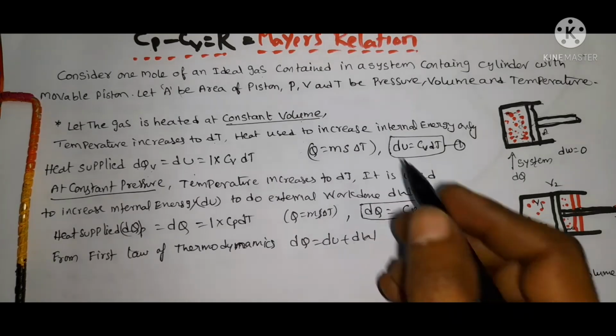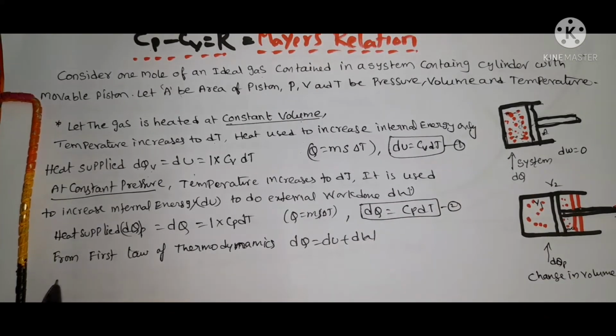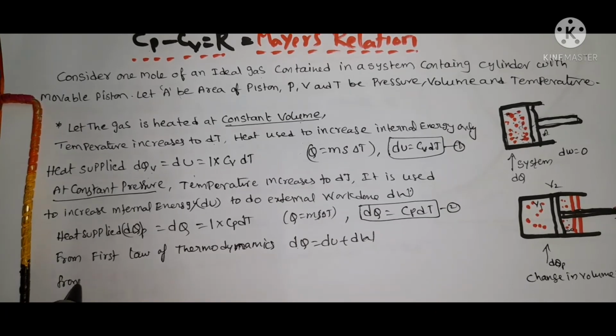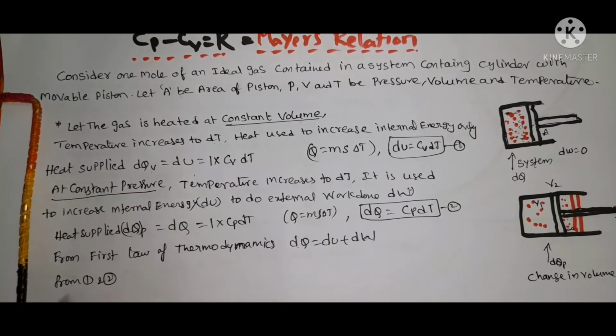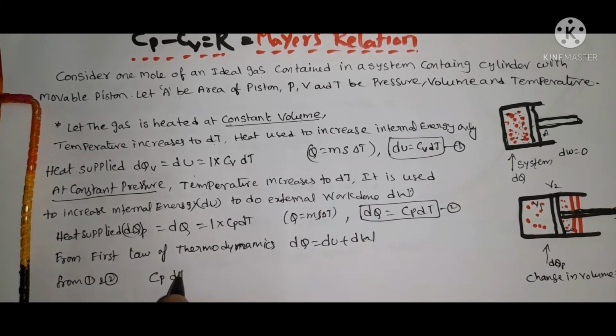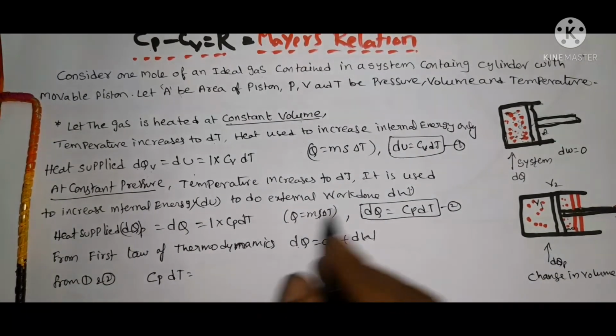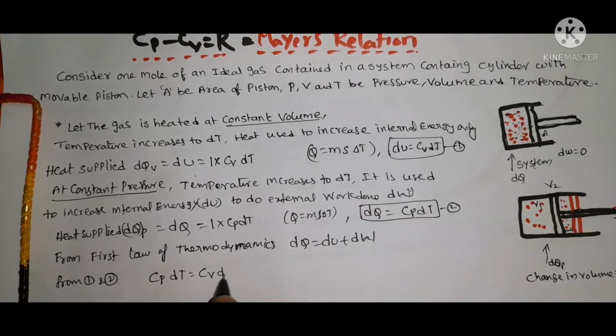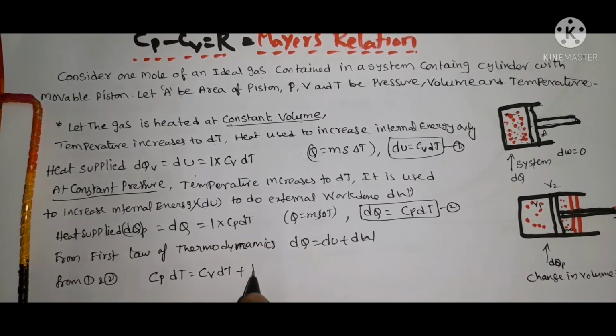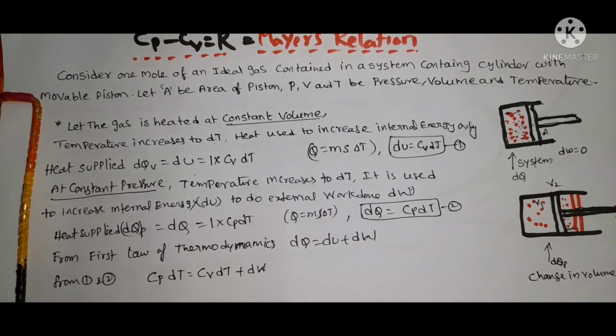Now substituting 1 and 2, from 1 and 2, substituting, dQ means what? Cp dT, which is equal to dU, means Cv dT, plus dW.